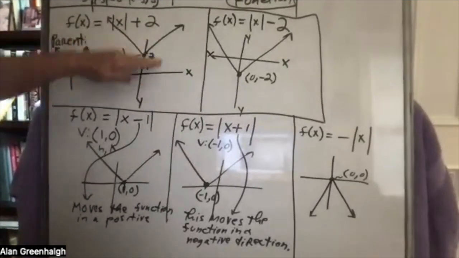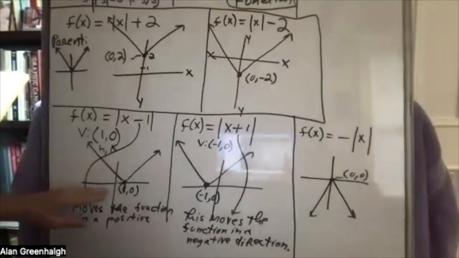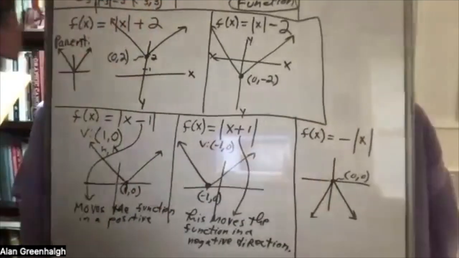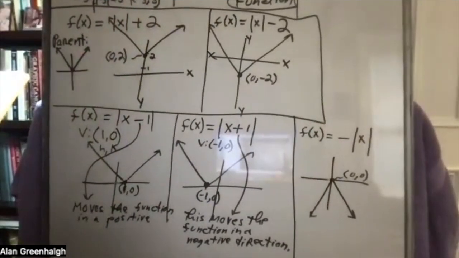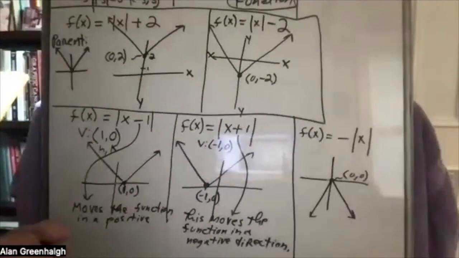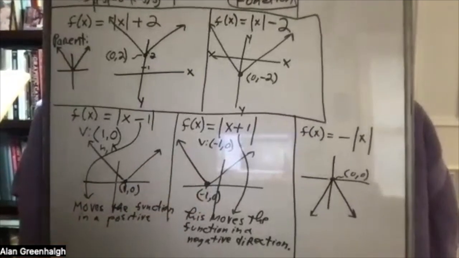Raising it up and down, raising it to the right and to the left, and flipping it over so that it's upside down. Those are all the possible things. Actually, there are other things that could happen, but I'll talk about those a little later.